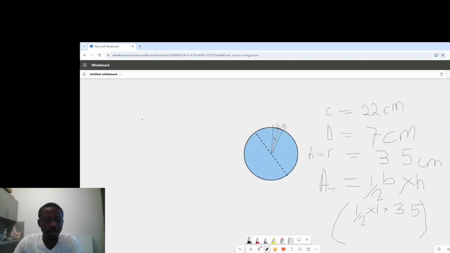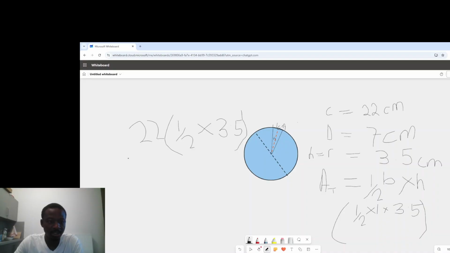So adding this will give us 22 times half times 3.5, and the 22 is the circumference.